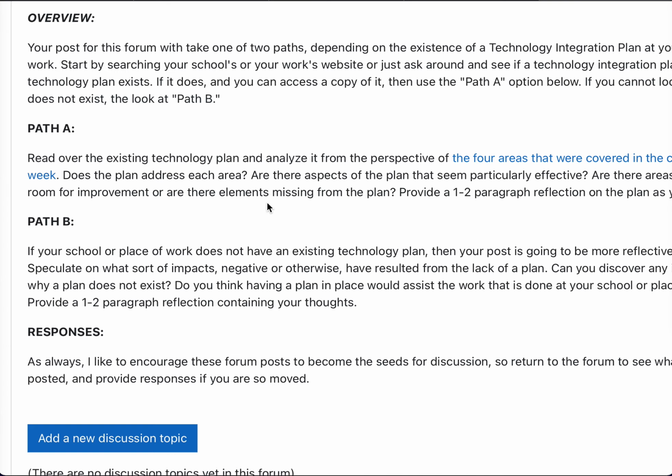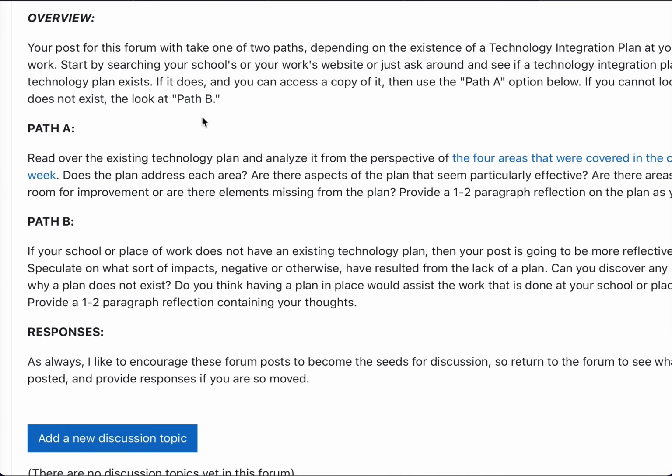So there's two paths here. The idea is for you to take a look at, if you work in a school, your school or your school district. If you don't work in a school, wherever you do work, whatever company or business or situation, first of all, try to identify whether that school or that business has any kind of a technology plan in place.